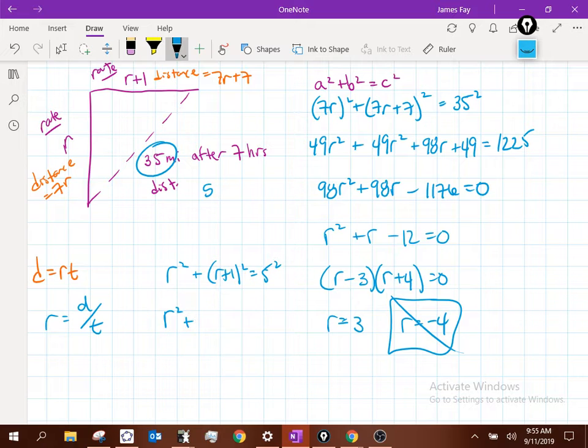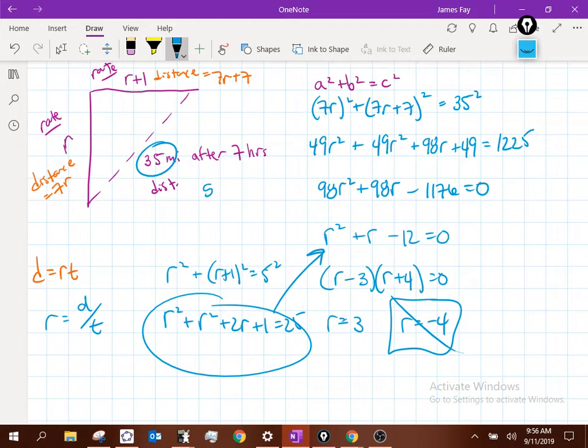That would be R squared plus 2R plus 1 equals 25. If I work through simplifying that, it creates R squared plus R minus 12 almost instantly, which is a little bit easier than working with those larger numbers like 98 and 1225.